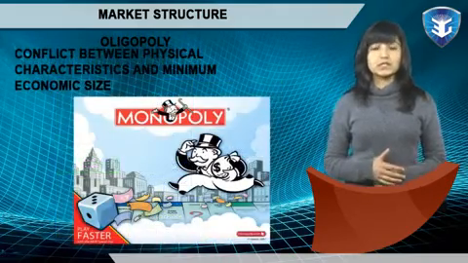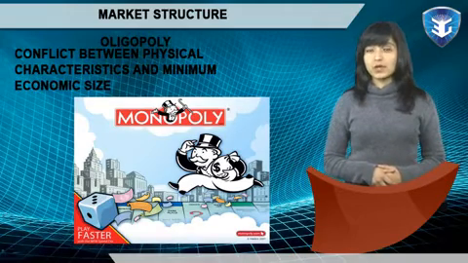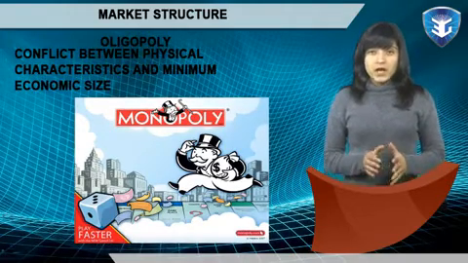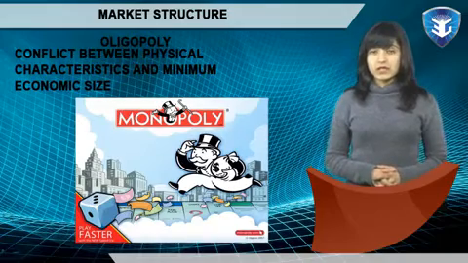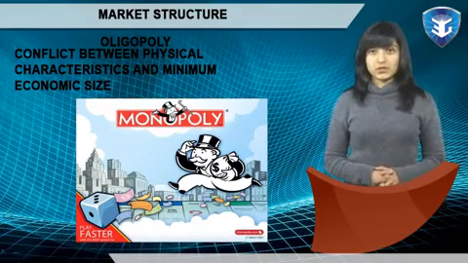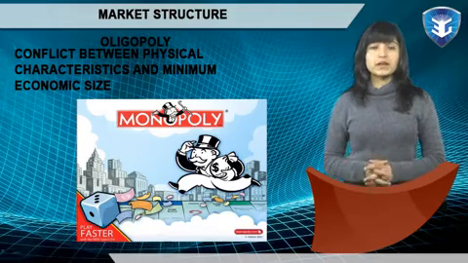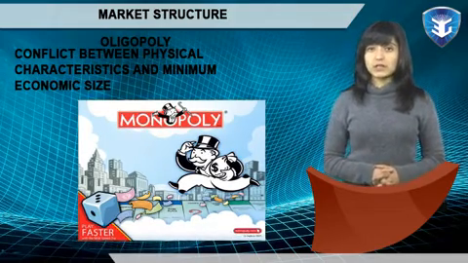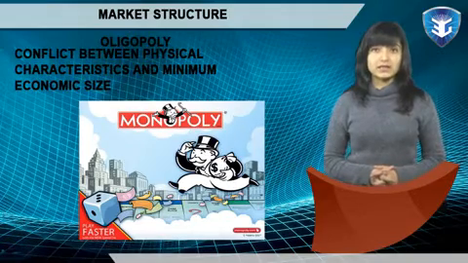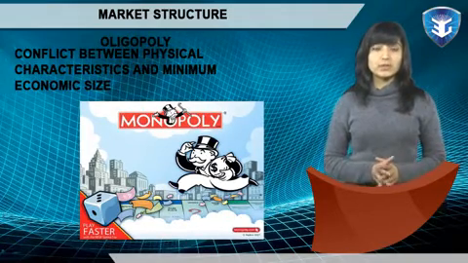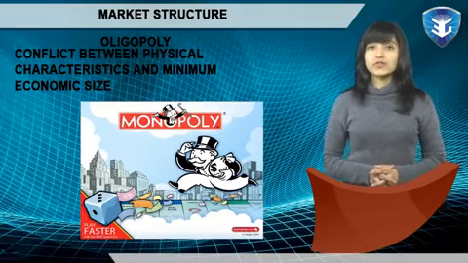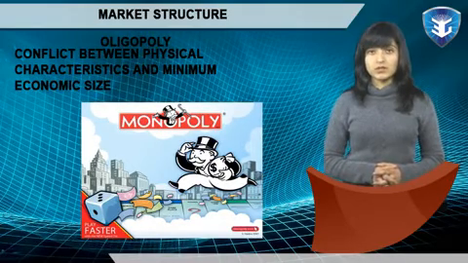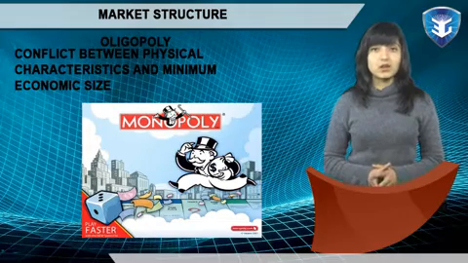Conflict between physical characteristics and minimum economic size. An interesting question arises in the case of a product like cement. For reasons of minimizing the transport costs on raw materials, most cement plants in the country are located near mine sites. A large efficient plant near a mine site can manufacture cement at the optimum cost, but the local demand is never large enough.